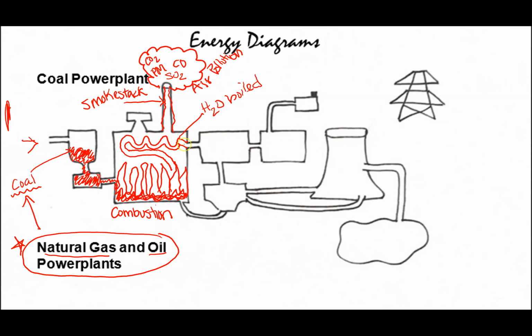So our water is inside this pipe and it's getting boiled. It comes over through to this next chamber. In this next chamber is a turbine. Turbines are kind of hard to draw, so we're going to draw something that looks kind of like a funnel, and it's got a curly Q inside of it.